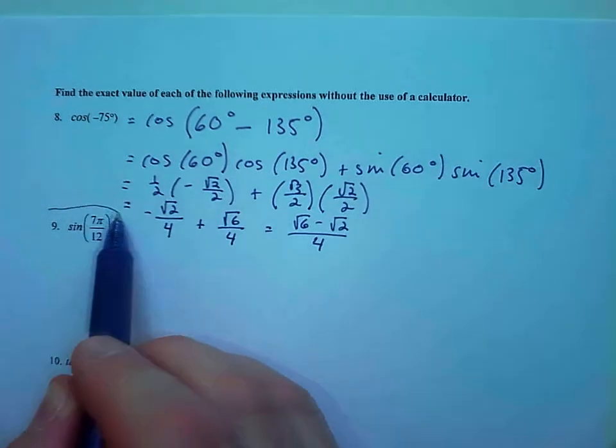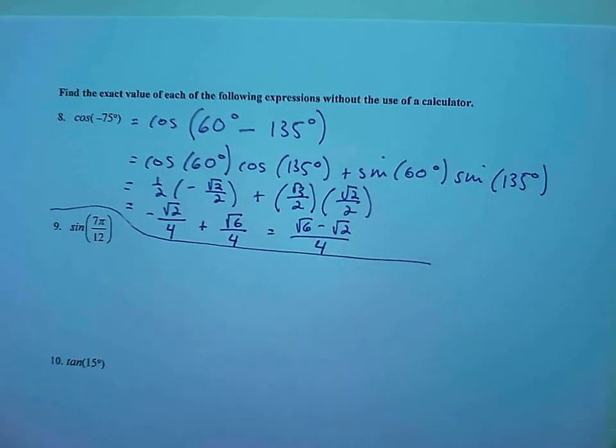Alright, let's take a look at number 9. Again, remember that for number 9, we're trying to get it to be something that has pi over 6 or pi over 4 or multiples of those.